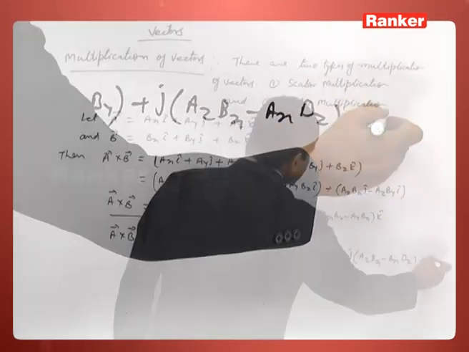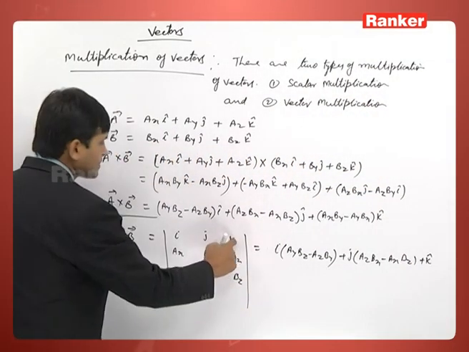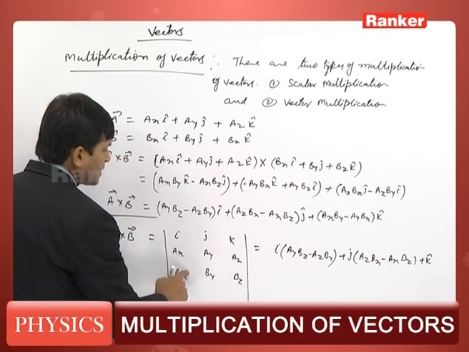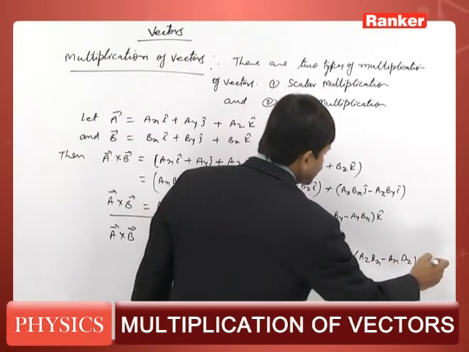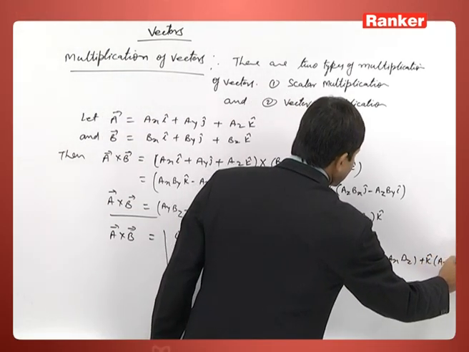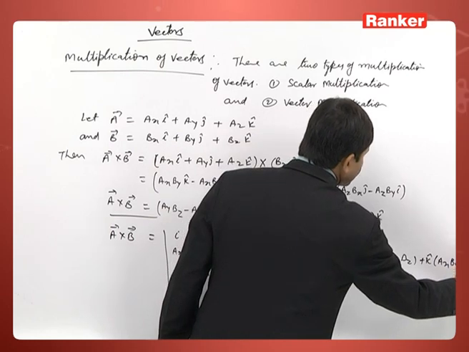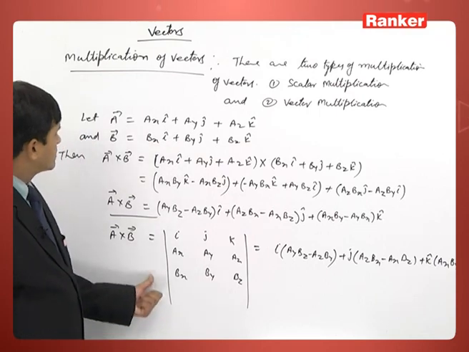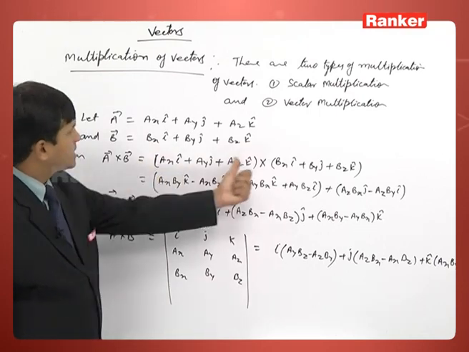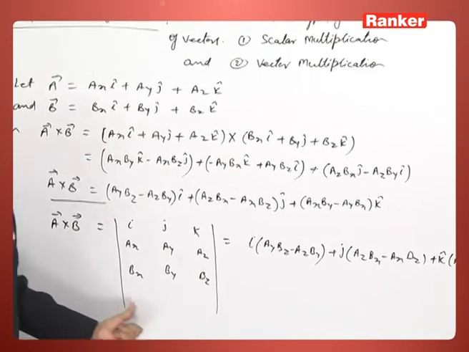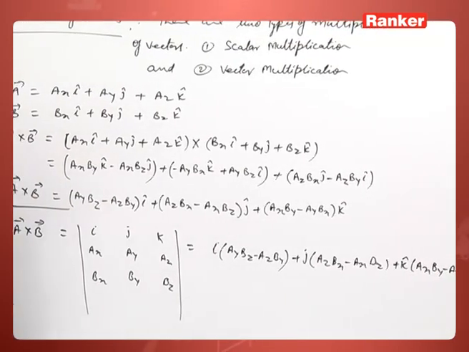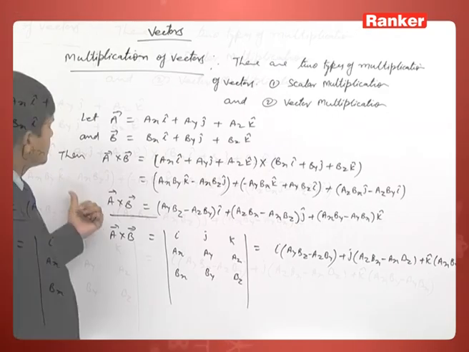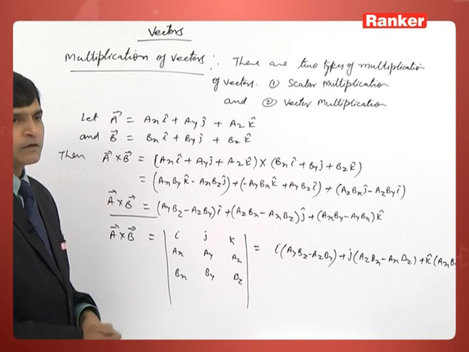Then come to the k. When we look at the k, leave this and this, then what is left? ax by minus ay bx. So this is also one of the methods. For A cross B, you can either go with this or use the determinant method to determine its value. So see one or two examples based on the vector cross product.